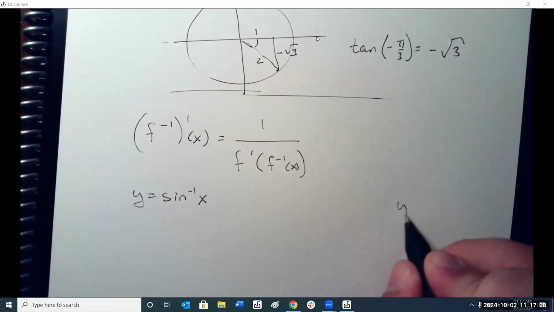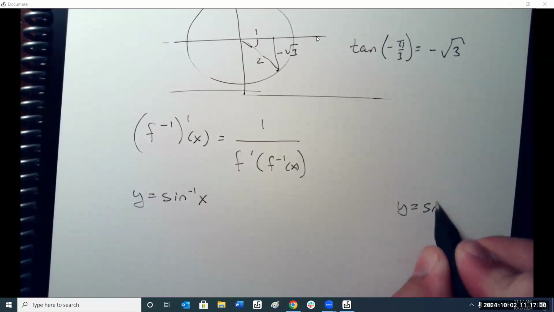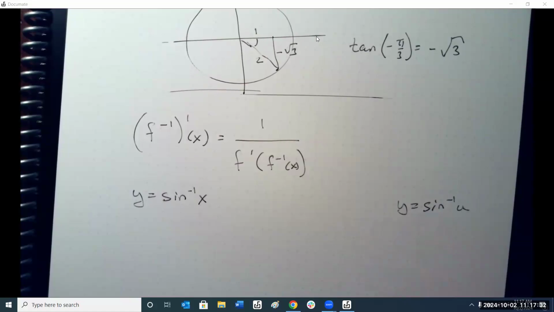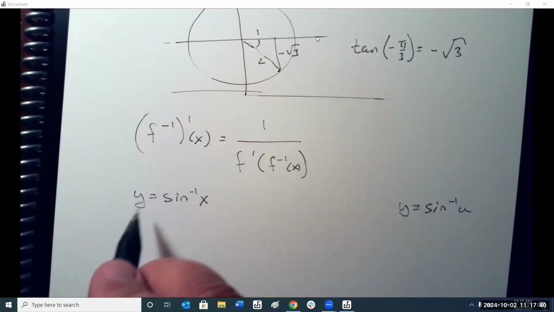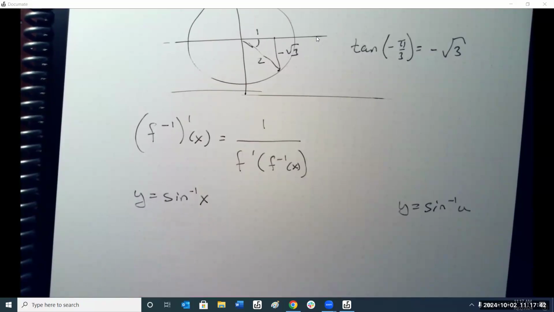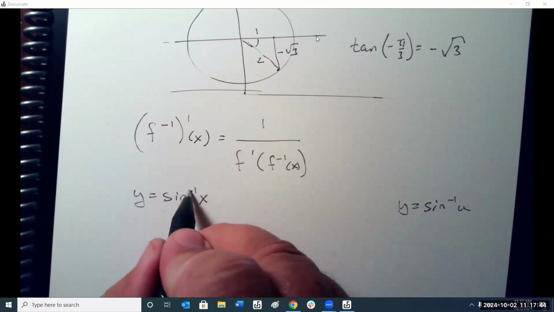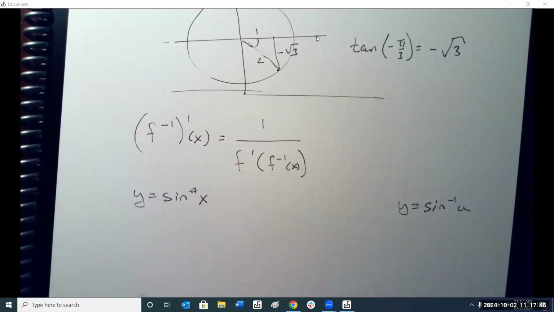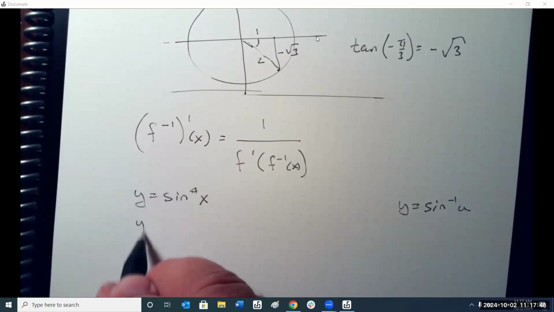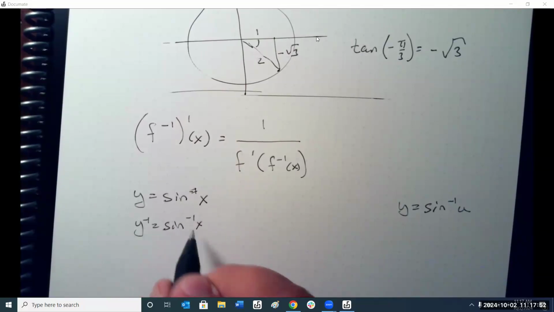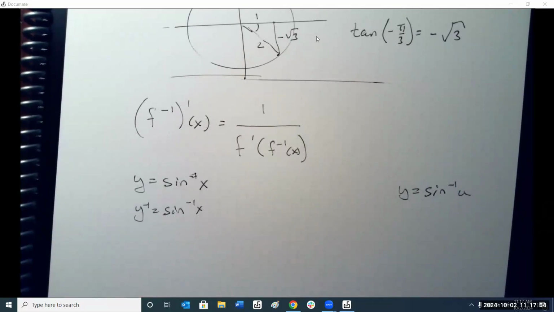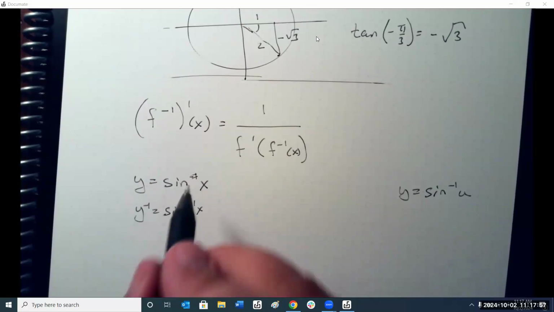Remember, it also extends to u du type stuff. Okay, so our function is just sine x. Then the inverse function is sine inverse x. We're doing the sine function.